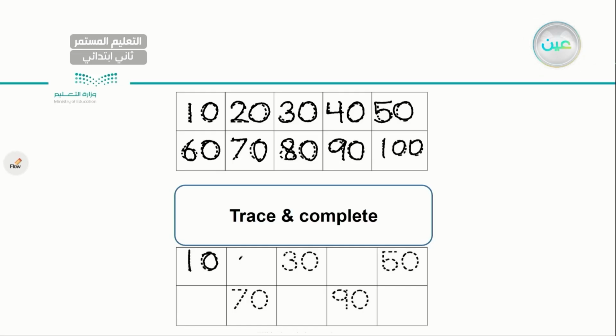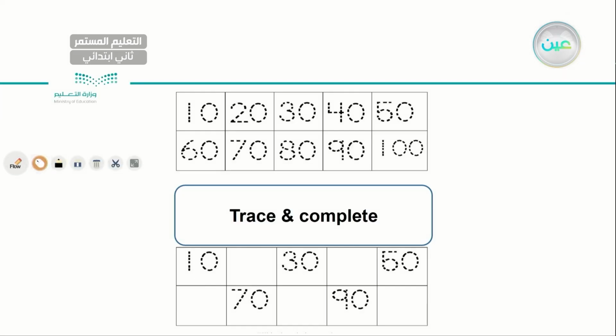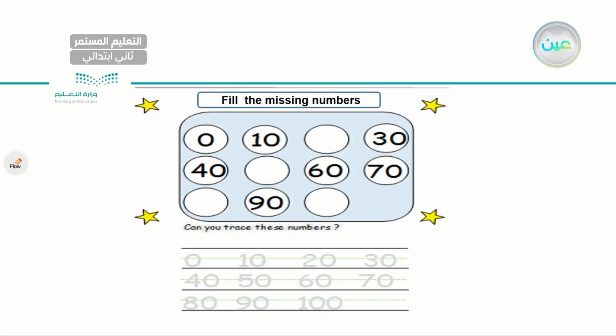Now, after we're done tracing, let's go ahead and complete the missing spaces here. 10, 20, 30, 40, very good, 50, 60, 70, 80, 90, 100. Very good, my dear student. Now, same one here.